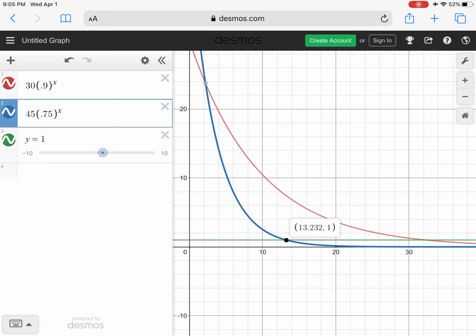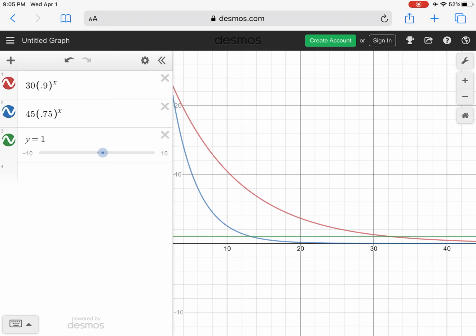We have 1 here at 13.232, and then we have 1 here at 32.238. And remember, x represents our days, so we want to look at our x values.